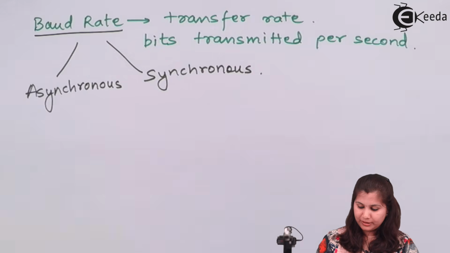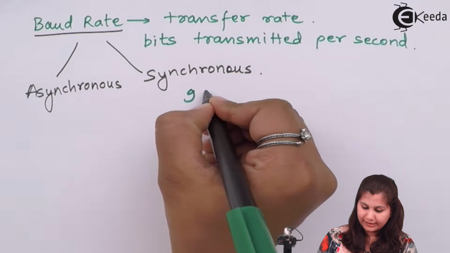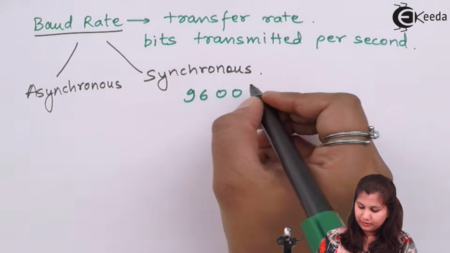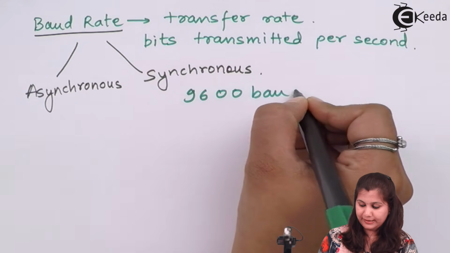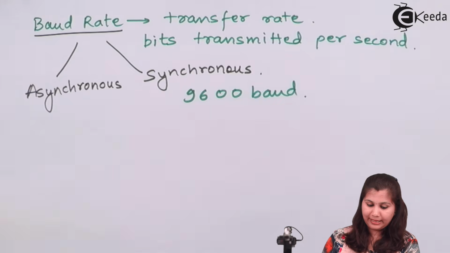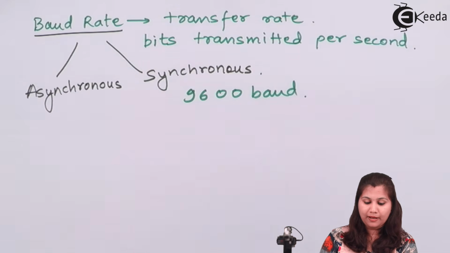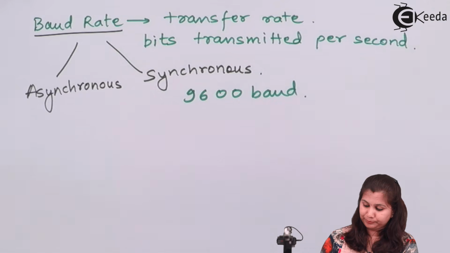Let's take an example. Suppose 9600 baud of data is transmitted, meaning 9600 bits are transmitted in 1 second.